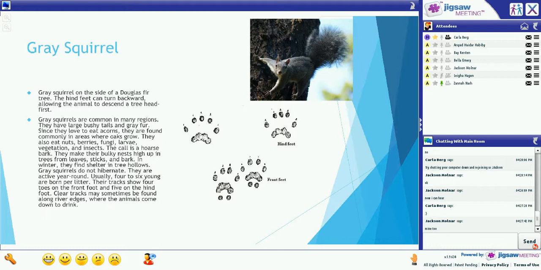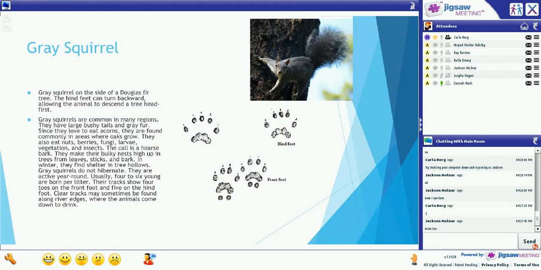Gray squirrel on the side of a Douglas fir tree. The hind feet can turn backward, allowing the animal to descend a tree head first. Gray squirrels are common in many regions.